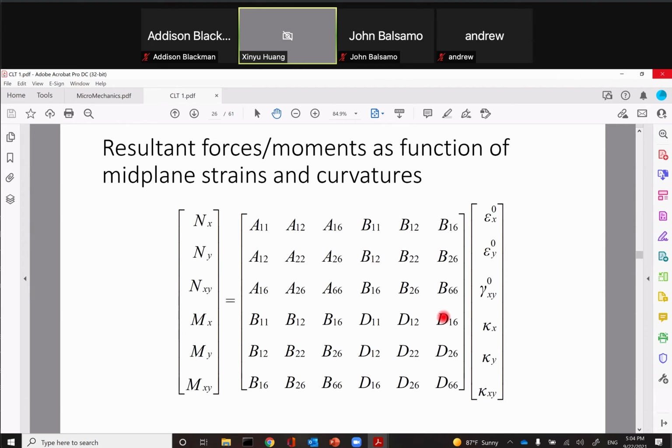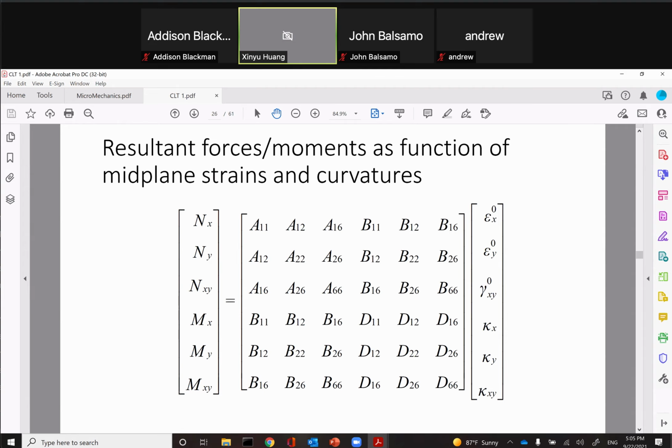It is actually three 3x3 matrices built together: matrix A, matrix B, and matrix D. This part is exactly the same as this part. This is the same matrix here. This is a B matrix.